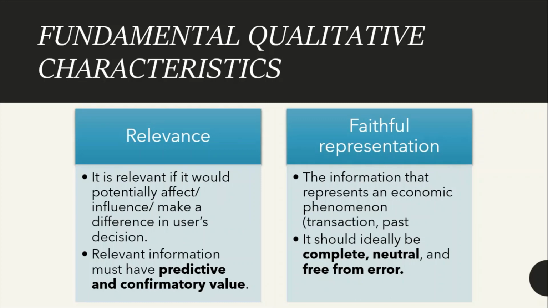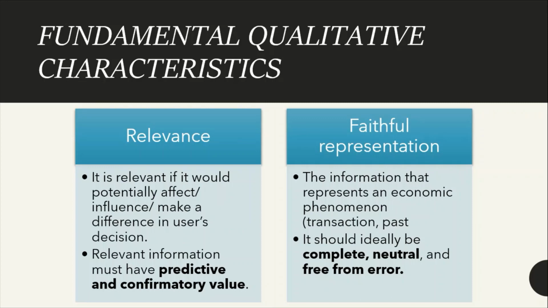So relevant is when the information itself affects the user's decision. That's what it means by relevance. The information must be predictive, which means the users can use the information to predict what the business might be, and it must have confirmatory value. You can confirm it with the information received.